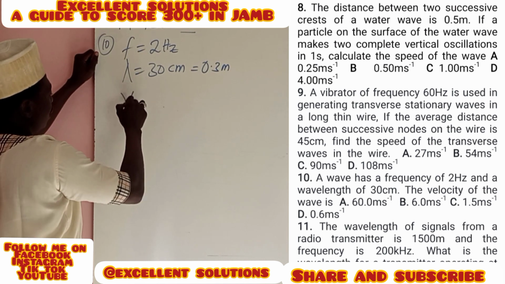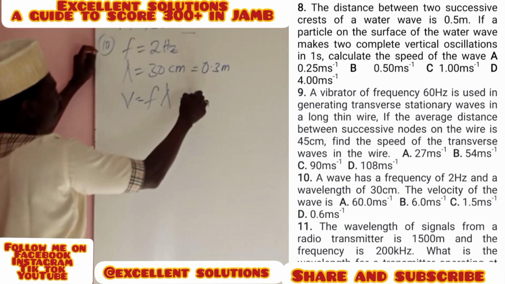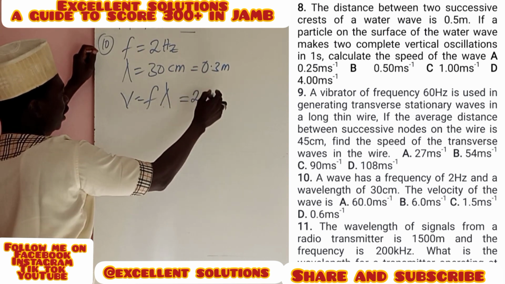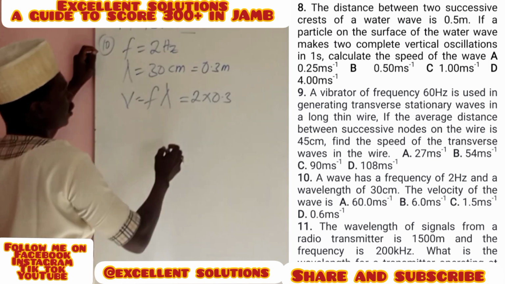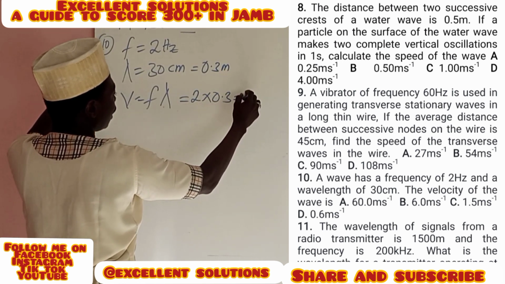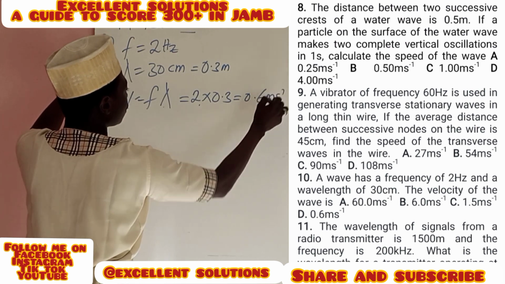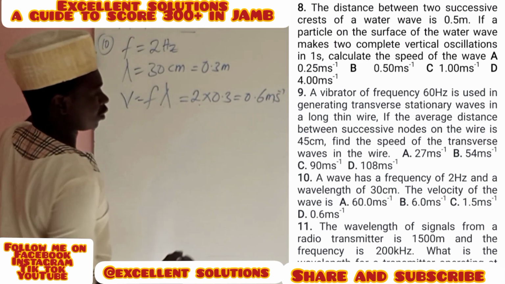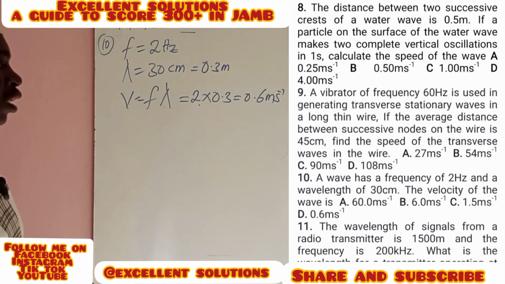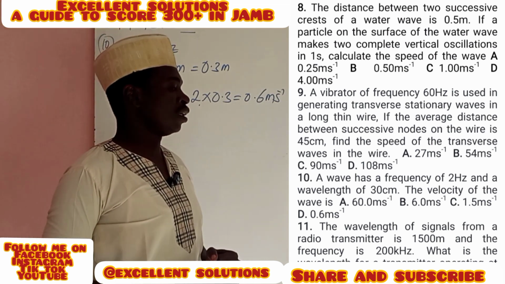Velocity V equals F lambda, which is 2 multiplied by 0.3, and this gives us 0.6 meters per second. Looking at our options, we have it in option D, 0.6 meters per second. So this solves our questions.